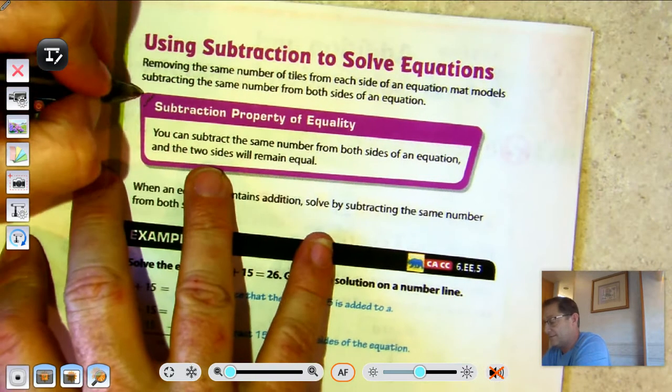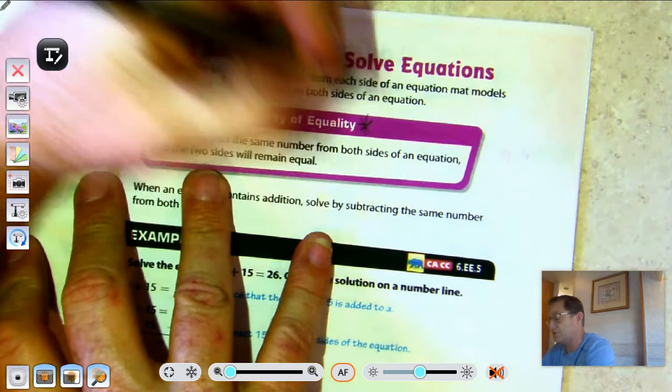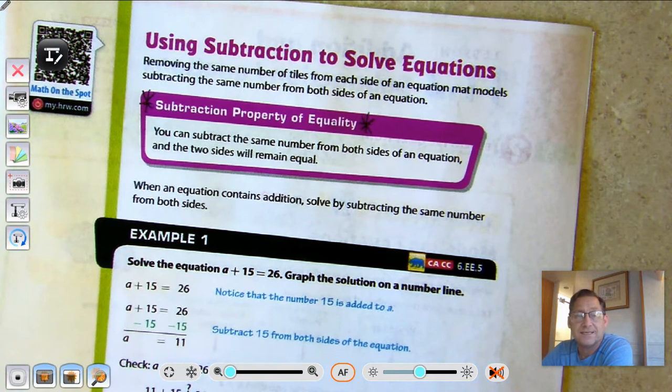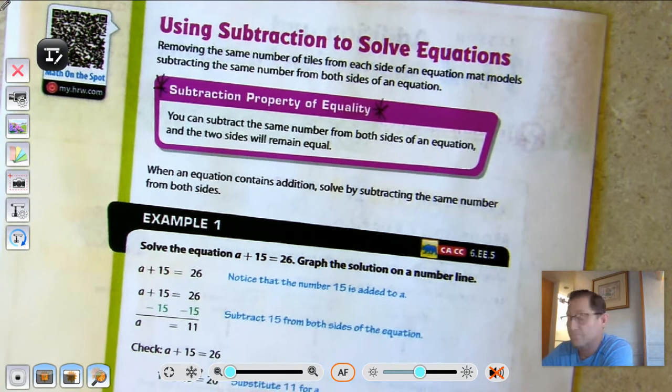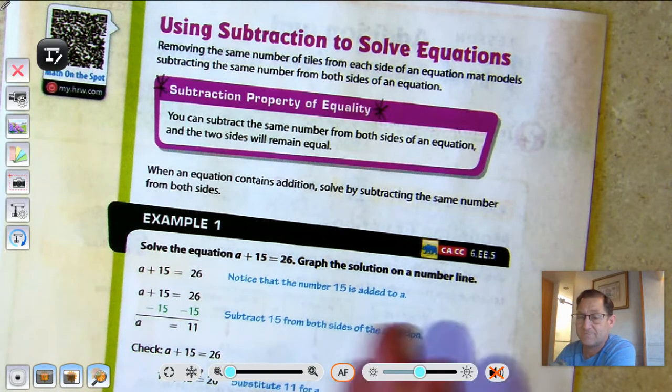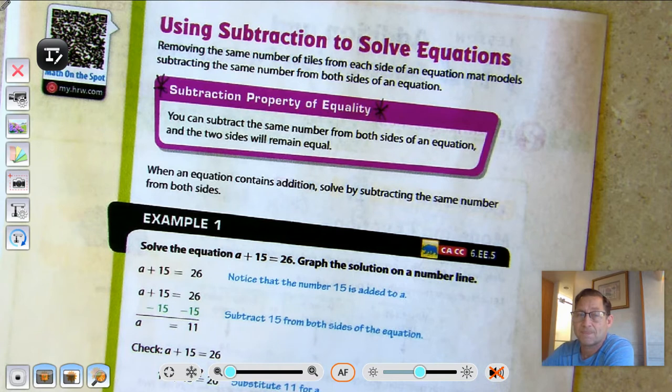That gives us the subtraction property of equality, which says that you can subtract the same number from both sides of an equation and the two sides will remain equal. In our activity, we subtracted 6 from both sides so that the two sides remained equal.